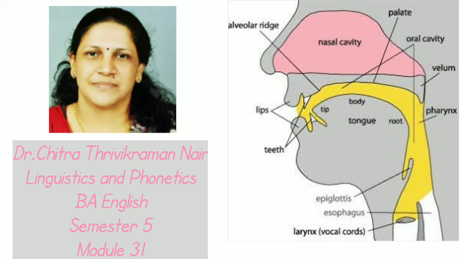The alveolar ridge refers to that part of the roof of the mouth which happens to be located between the top front teeth and the hard palate. It is a hard or bony structure located immediately behind our upper front teeth.